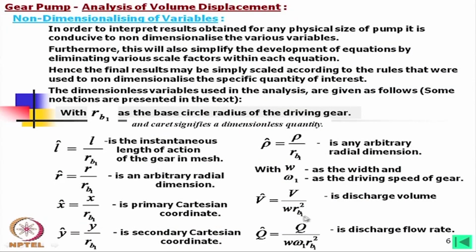In that case, if we non-dimensionalize all the diameters with one base circle, the other base circle will be different, so we have to take care while considering the real parameters. But it is possible, because knowing the number of teeth, we know the base circle of the other gear is simply in the ratio of the teeth numbers. So that will not be difficult.